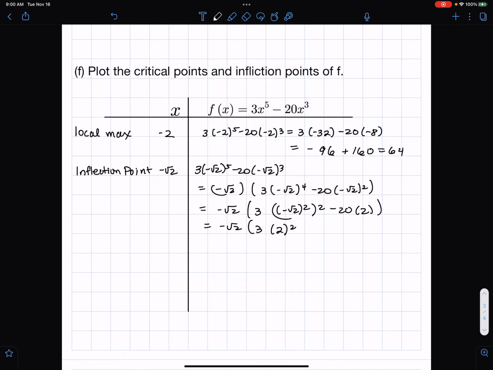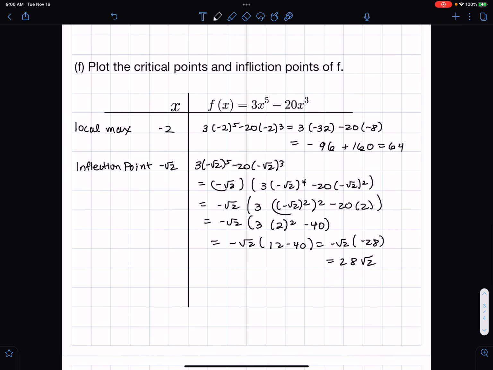So 2 squared is 4, times 3 is 12, minus 40. I feel like I did a lot of work, but now I'm thinking, is this right? And I think, okay, this is what I got when I did this before to warm up for this. Okay, so it's 28 rad 2.